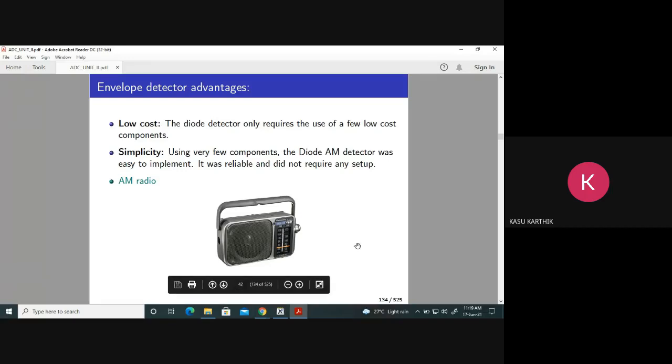Even though you need to spend more money on power and bandwidth, you're wasting power and bandwidth, that is okay for us. But the advantage you're getting is a simple receiver or simple demodulator. I'm okay with that. Why? Because very few people are transmitting, they can bear the expenses. They're okay with power wastage and bandwidth wastage, because very few people are transmitting.